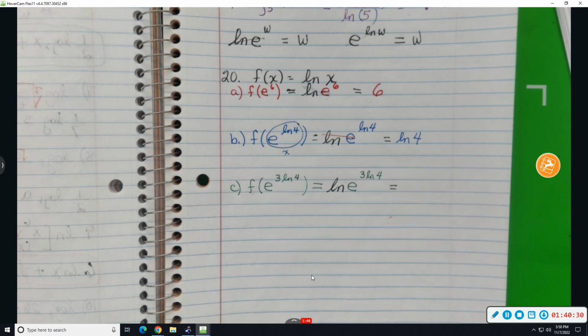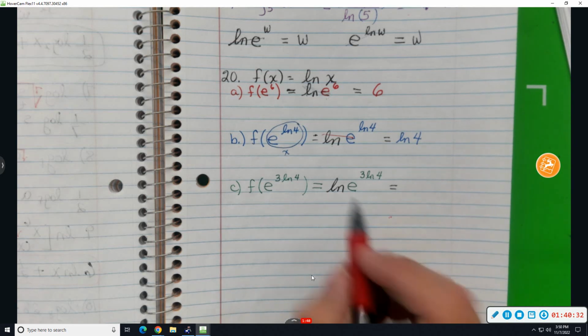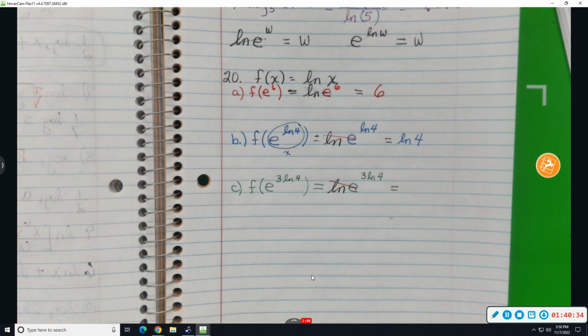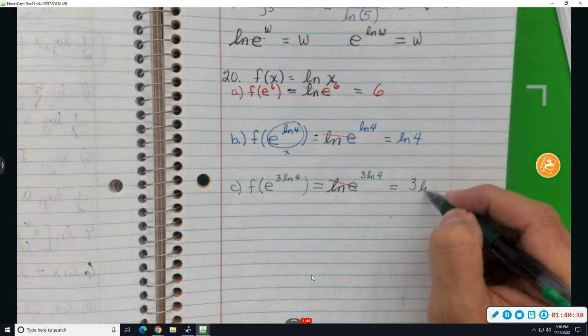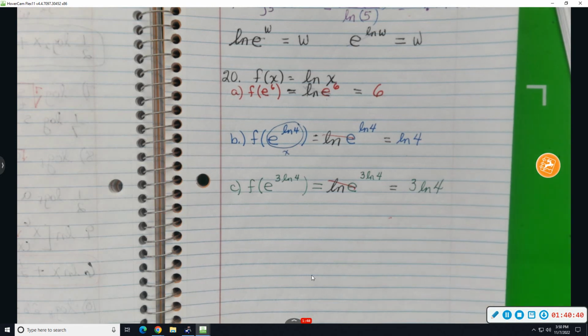The only thing you can cancel is the ln and e, leaving just a 3 ln 4. Okay. What do we call two functions that cancel themselves out? Starts with an I, N, V, inverse. Those are inverse functions.